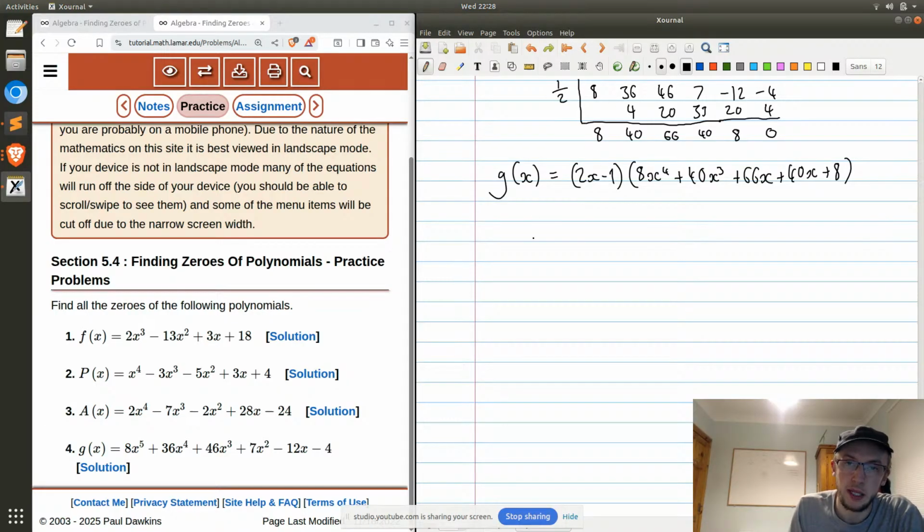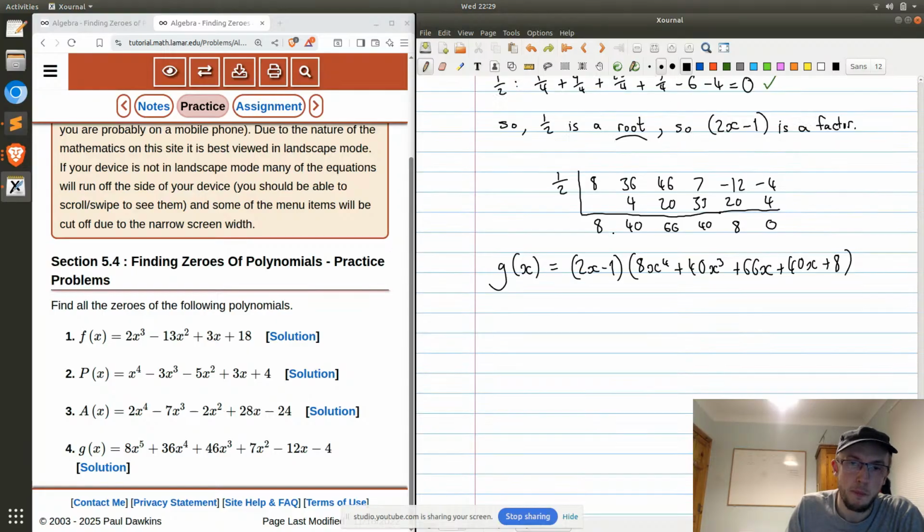So here I go. So 16x to the 5. No, that's already a failure. Look, that's not correct. Do you know what's really incorrect? This. This is obviously wrong. It's just obviously wrong.